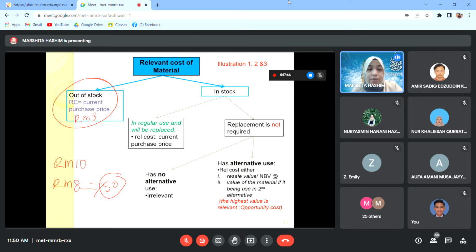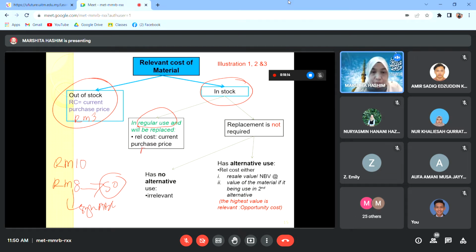However, if you accept a special order, you have to produce the product, you can use material in store. Let's say you already have material in store, but this material is meant for regular production. You regularly use that particular material. Let's say we know your customer as Syarikat ABC. If you decide to produce product for ABC, then you need to replace your material.